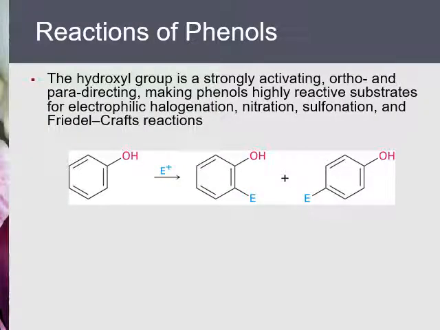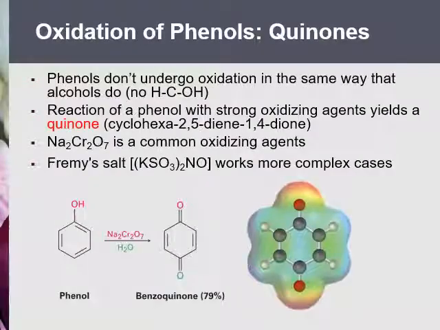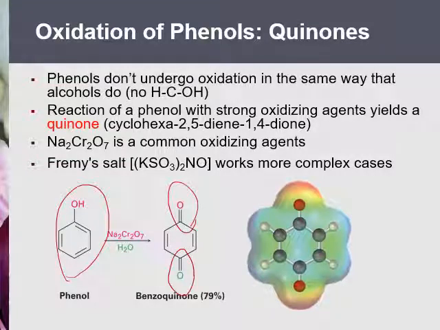As we learned in chapter 16, the hydroxy group is strongly activating and ortho and para directing, making phenols highly reactive substances for electrophilic halogenation, nitration, sulfonation, and Friedel-Crafts reactions. When a phenol is oxidized, the product has two carbonyl groups at the para positions, and this is called a quinone.